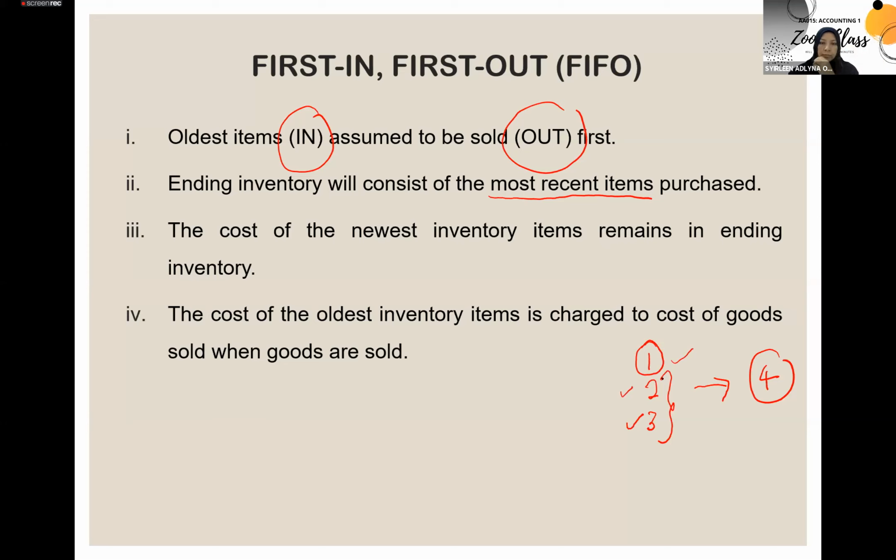Kenapa kita cakap macam tu? Sebab bila awak beli 3 kali batch stock ataupun inventory, tak semestinya belian kali pertama, kali kedua dan kali ketiga gunakan harga kos yang sama. Harga kos dia mungkin berbeza-beza. So bila harga kos dia berbeza-beza, cara nak kira nanti akan effect lah.